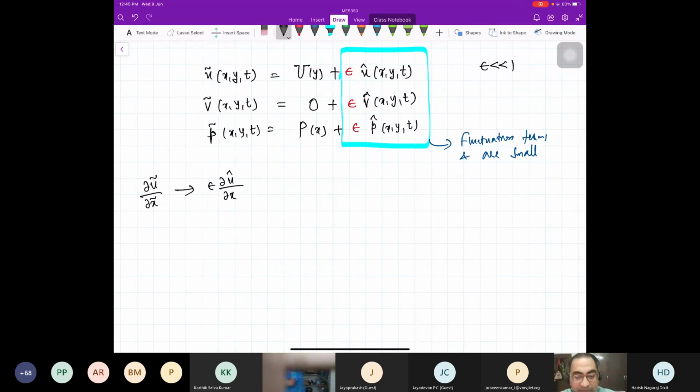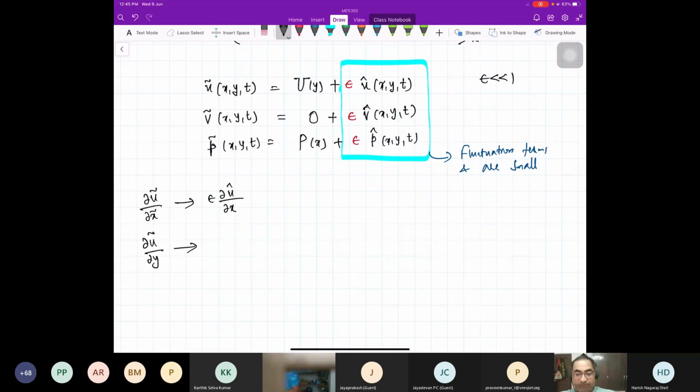Okay. Now similarly, we can write down other derivatives. Del u tilde by del y. This is u, by the way. This becomes epsilon. Now, can anybody tell me what will be this term? What is the derivative of the total velocity u with respect to y?